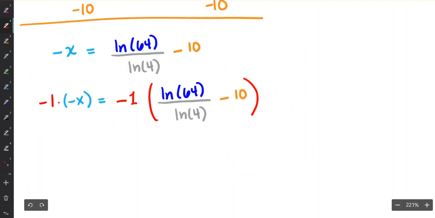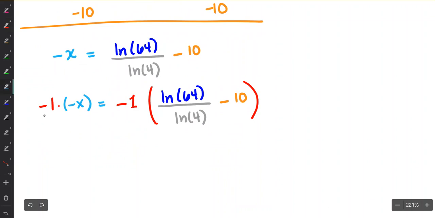All right, so close, so close. So we have x is equal to minus 1, or just minus the ln of 64 divided by the ln of 4.